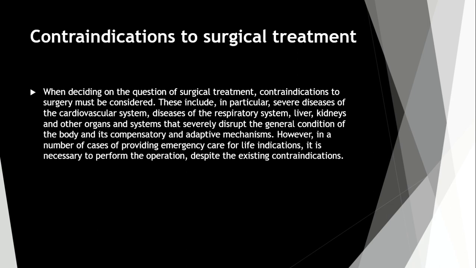Contraindications to surgical treatment. When deciding on the question of surgical treatment, contraindications to surgery must be considered. These include, in particular, severe diseases of the cardiovascular system, diseases of the respiratory system, liver, kidneys, and other organs and systems that severely disrupt the general condition of the body and its compensatory and adaptive mechanisms.